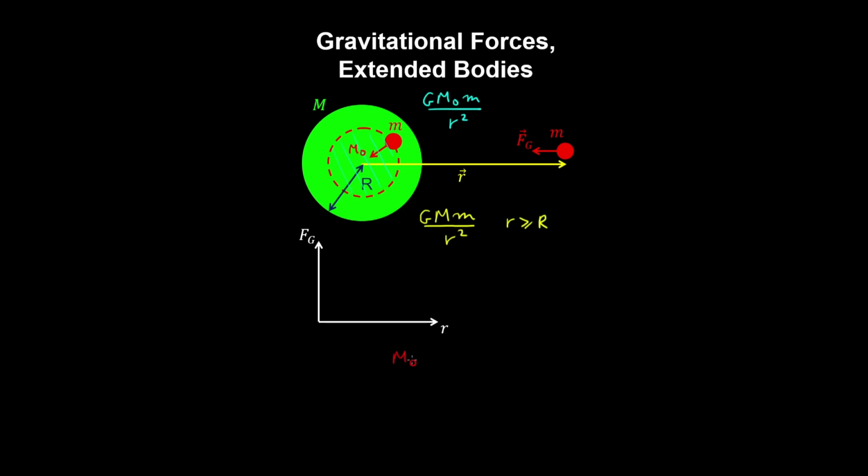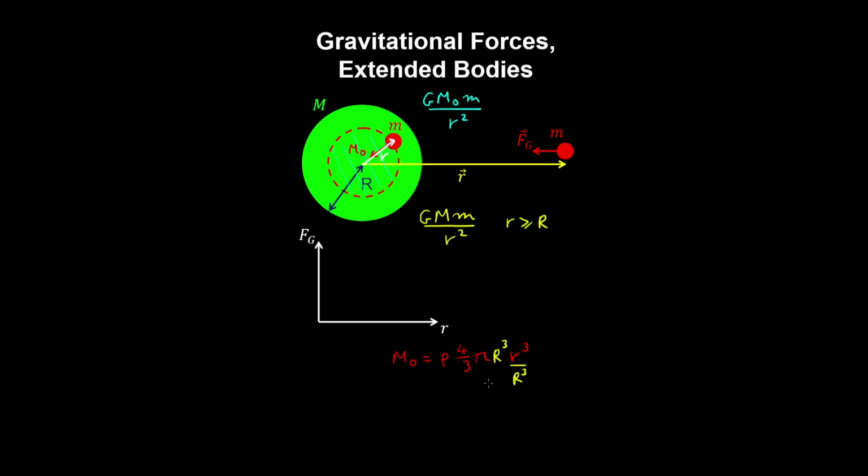Now the mass of that sphere is simply the density multiplied by the volume of that inner sphere, where the mass has a distance of r from the center. Now we can multiply this by the radius of the entire sphere cubed on r cubed.